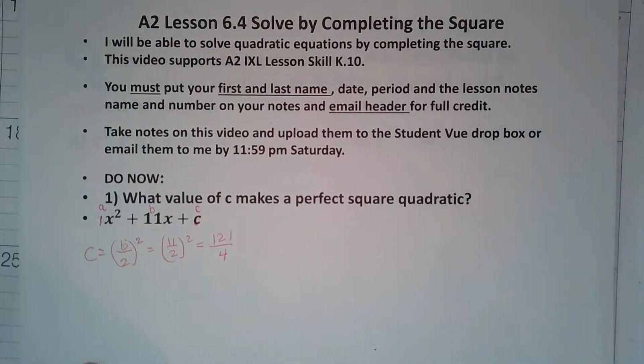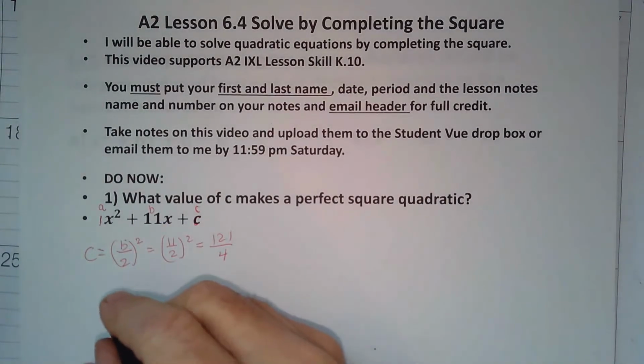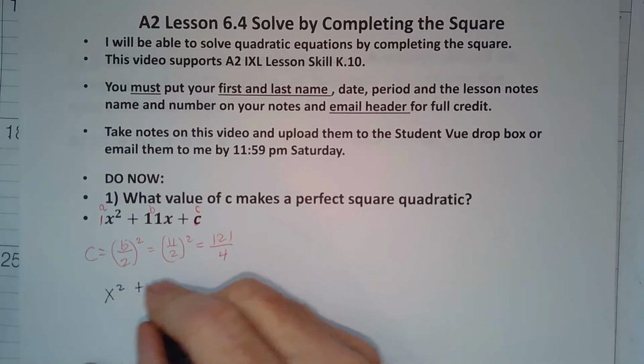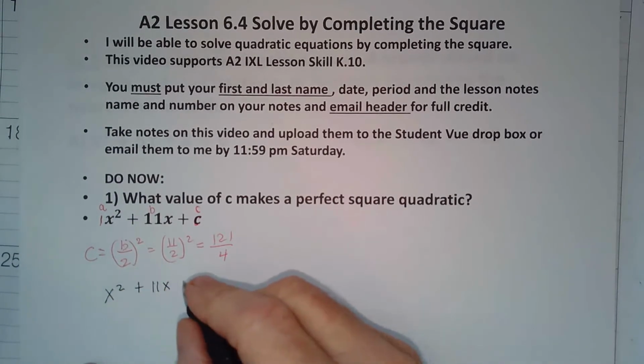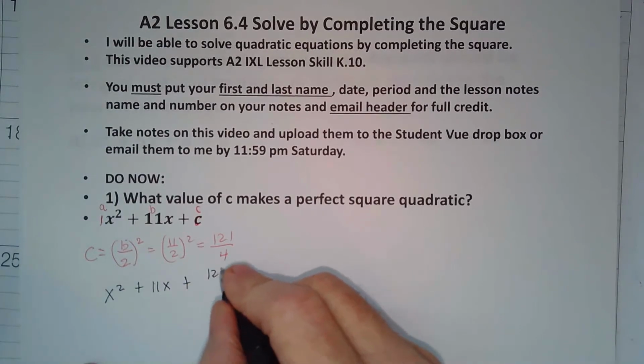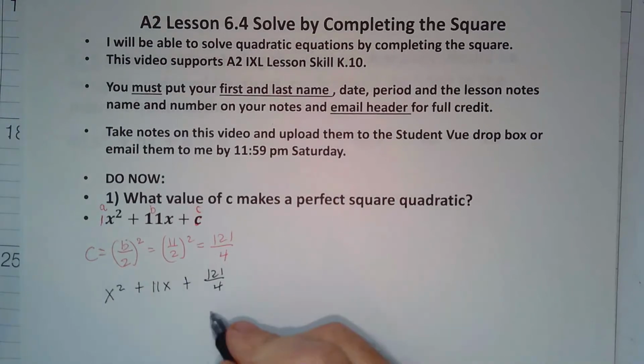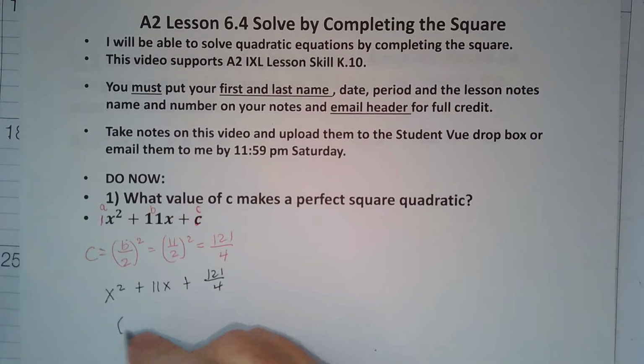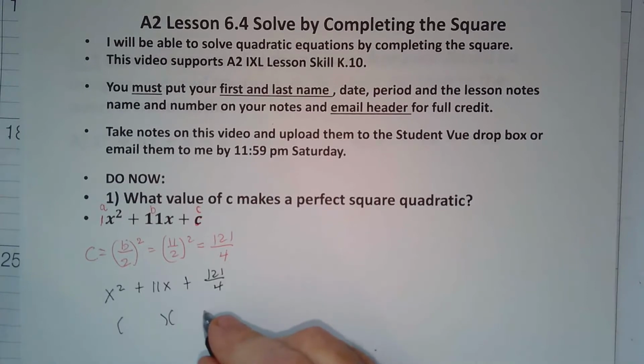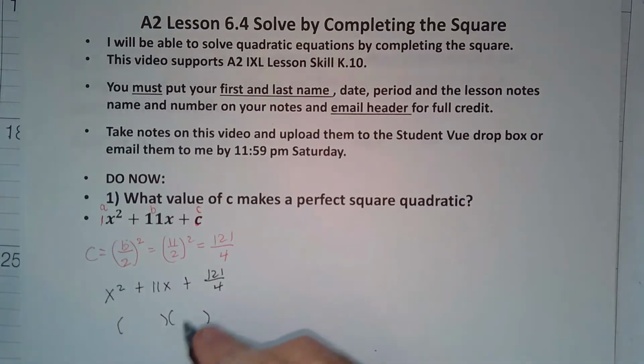So rewriting this trinomial, you would write it as x squared plus 11x plus 121 over 4. Then of course you would be asked to factor that into 2 factors, and because they were the same, you took that factor and you squared it.